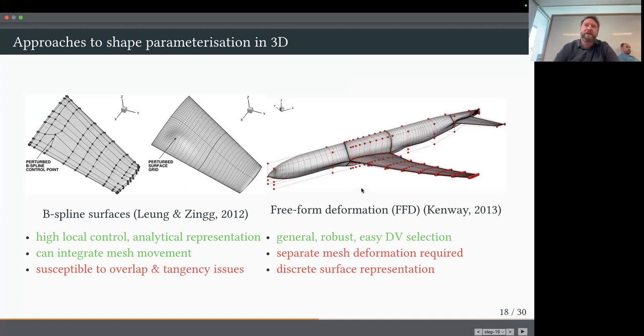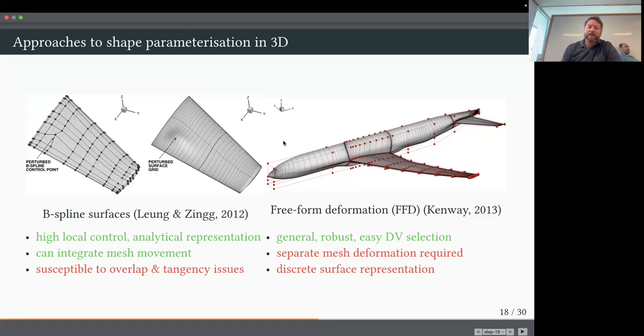Another approach is freeform deformation. So in this, you have a cage, and then you look for parameters in a parameter space that map into that cage. You deform the edges of the hull, those red points, because they map to all the internal things, you have a corresponding motion.